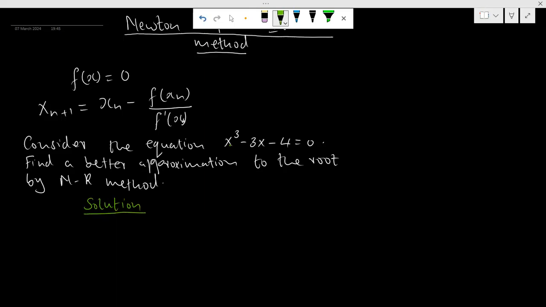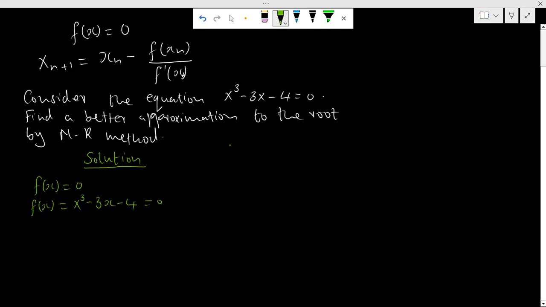So under the solution, we need first of all to estimate where the root will be. Our function is of the form f of x is equal to 0, so f of x is equal to x cubed minus 3x minus 4, which is equal to 0.